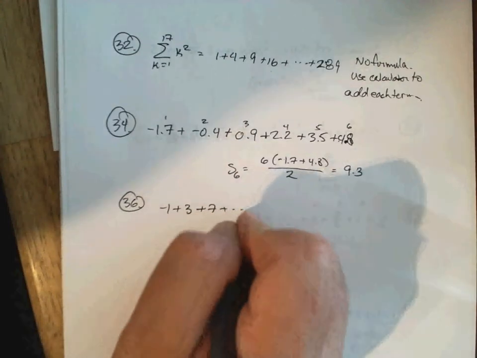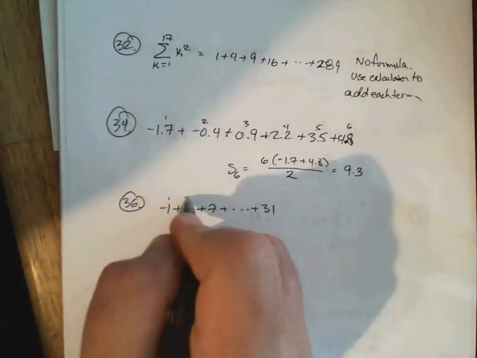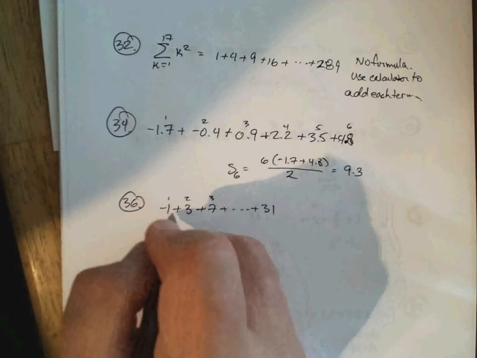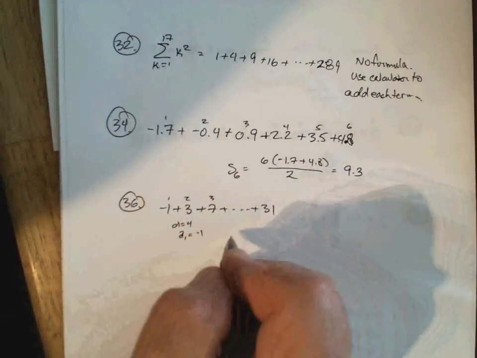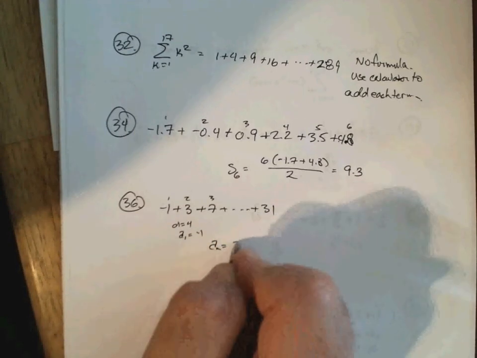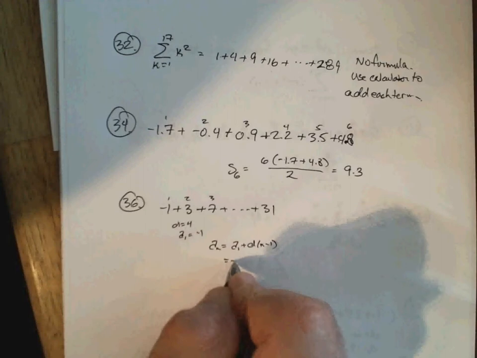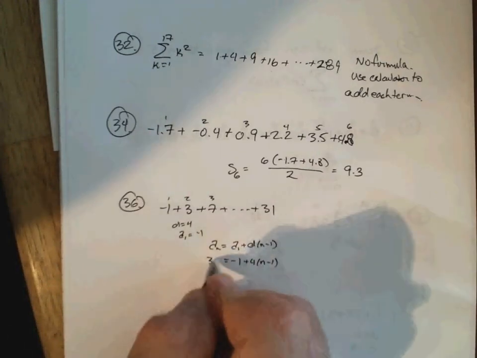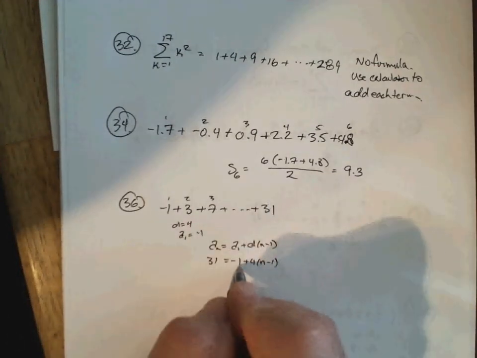we're given negative 1 plus 3 plus 7 plus up to 31. Okay. And we're asked to find the sum of this. Well, that's the first, second, third. We'd need to know what term that is, right? And so the common difference here is 4. The first term is negative 1. And the formula a sub n is a sub 1 plus d times n minus 1, which is what we're using here. It's negative 1 plus 4 times n minus 1, and we want to know when is that 31.